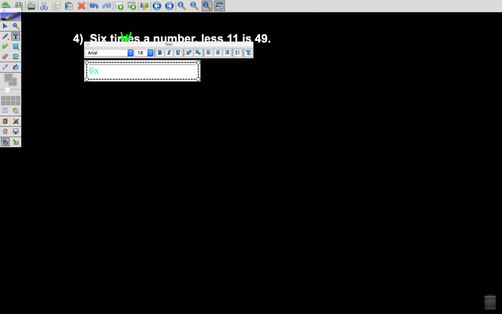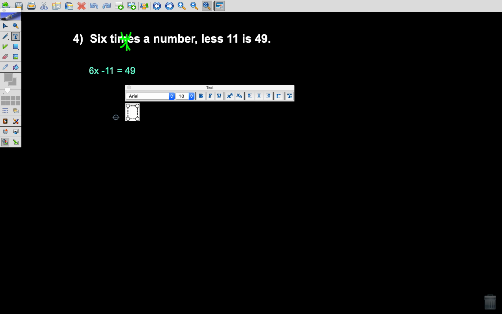It doesn't mean 11 minus the 6x. It's 6 times the number, so 6x, then we're taking 11 away from it. Less 11 is 49. There's a difference between less a number and less than a number, so we're going to have to notice the difference. When it just says less a number, you just go right in the order in which you read it.